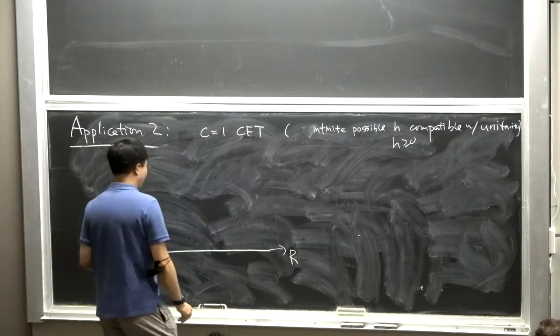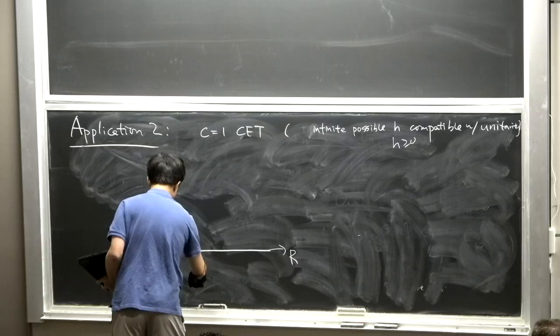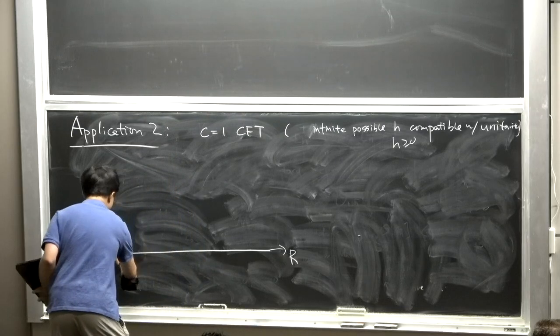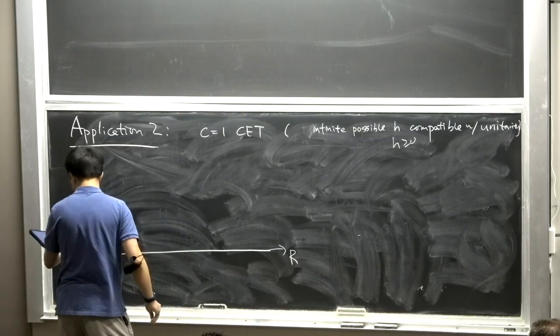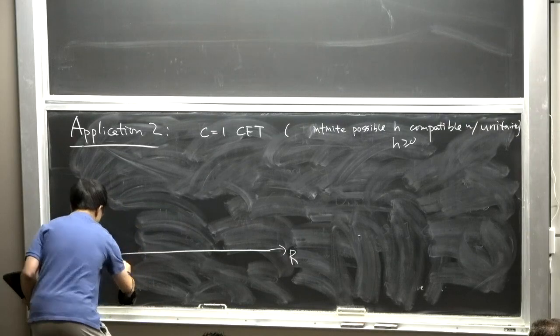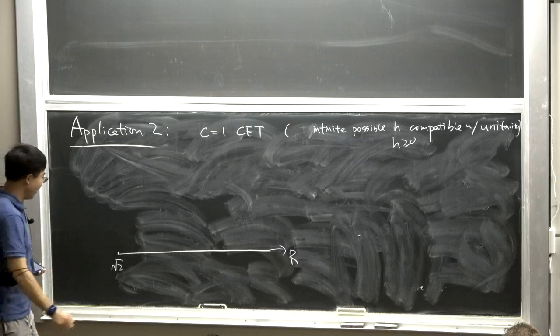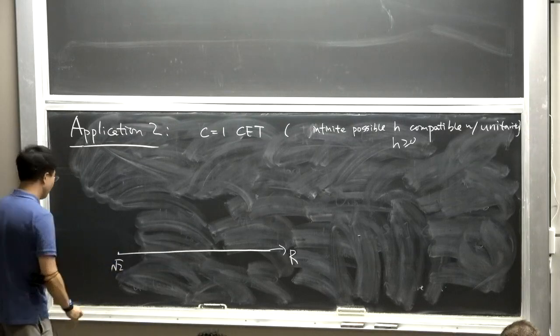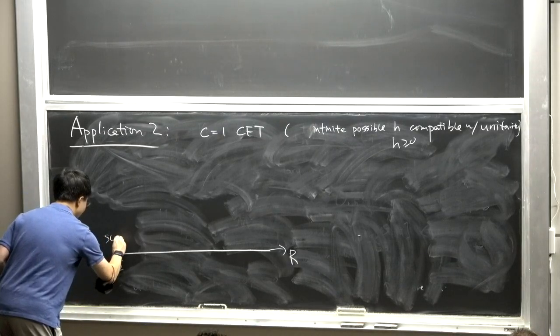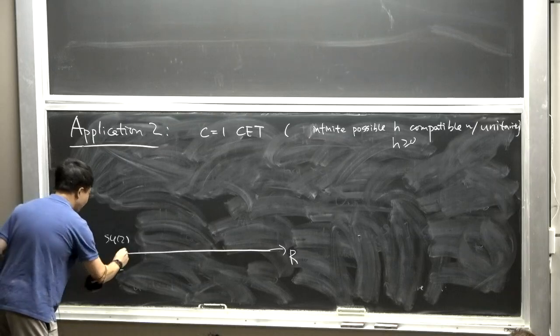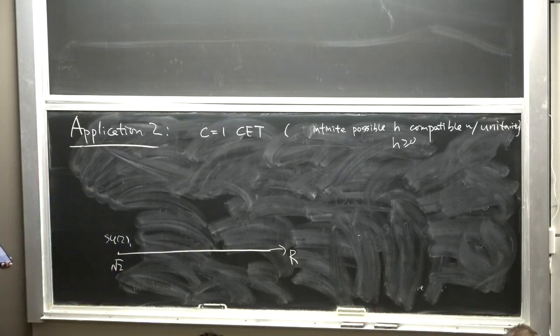And in particular, something interesting happens. It's really a half line, the equivalent modular invariants parameterized by a half line. It ends at this point, square root 2, and the theory at this point is realized by the SU(2) level 1 WZW model.